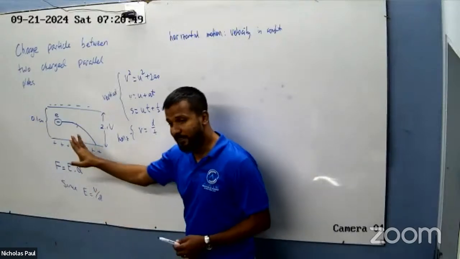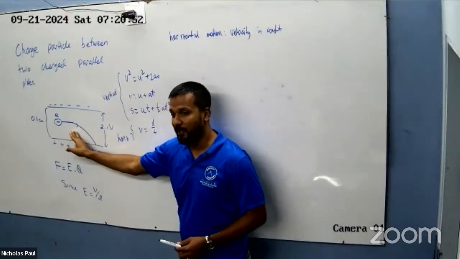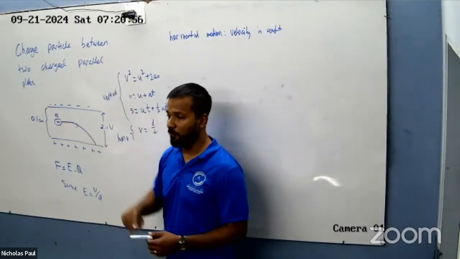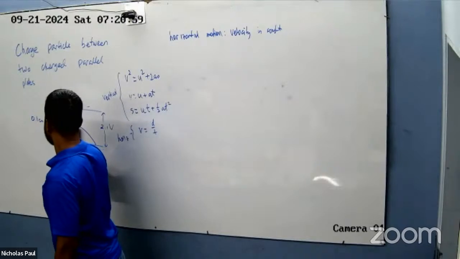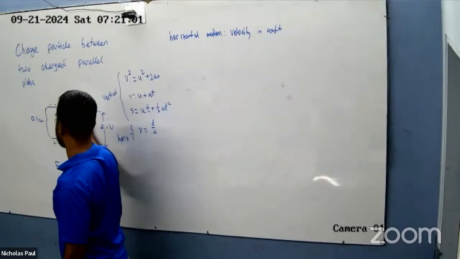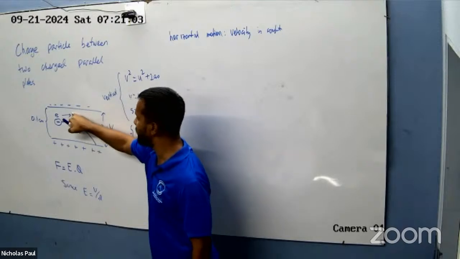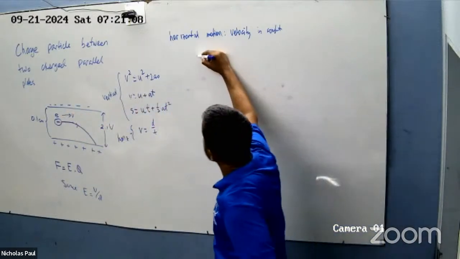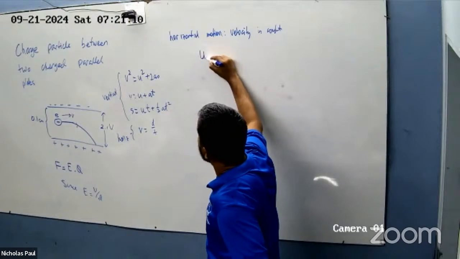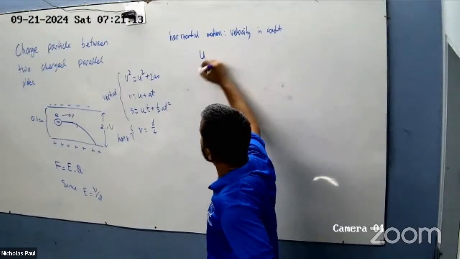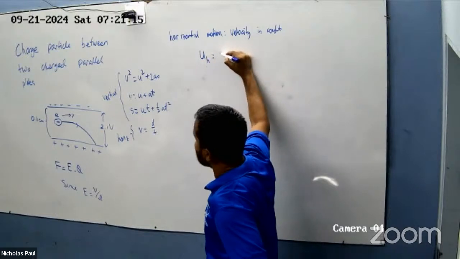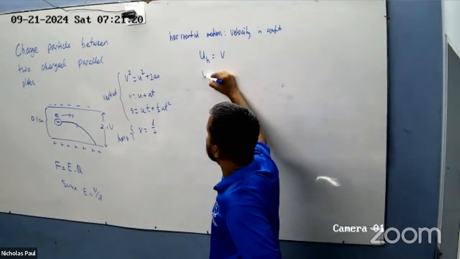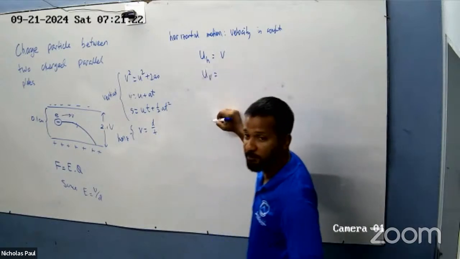So let's focus on this part, not the one I would have done in unit 1. We start with horizontal velocity only. So let's say it is moving with horizontal velocity v, small v. So initial horizontal velocity is v. What is the initial vertical velocity in that case?